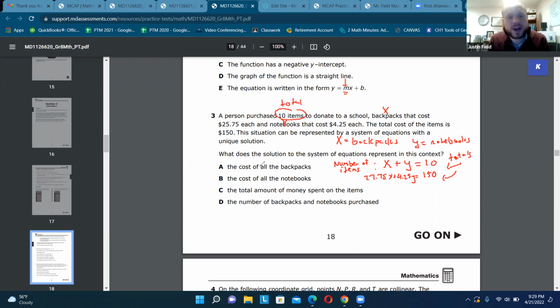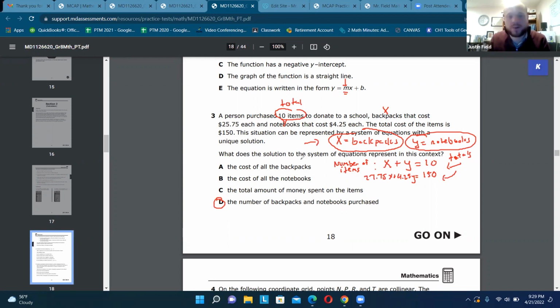The cost of the backpacks, the total amount of money, the number of backpacks. So the solution is going to be X backpacks and Y notebooks. So it's the number of backpacks and notebooks purchased, because that's what the variables represent.